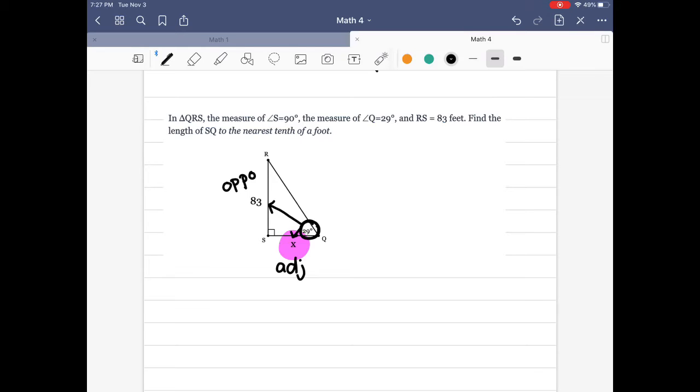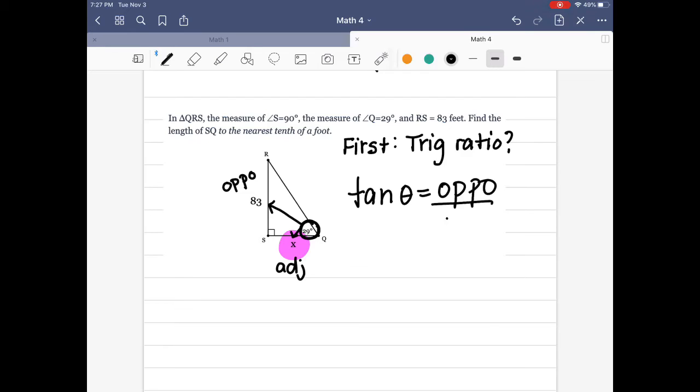So opposite and adjacent means I'm going to be using tangent. Remember, the tangent of theta is opposite over adjacent.